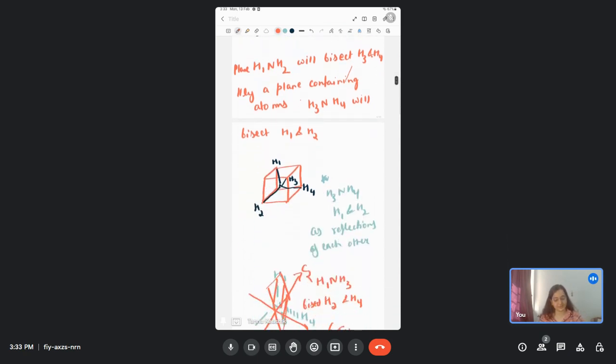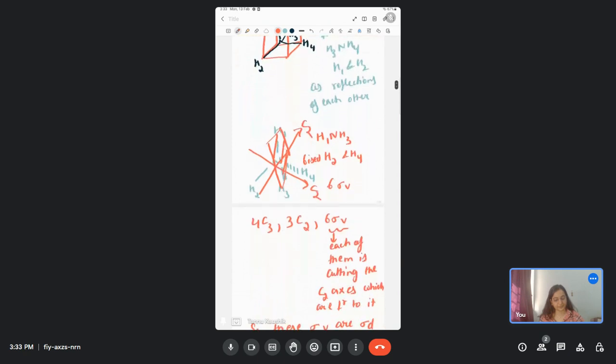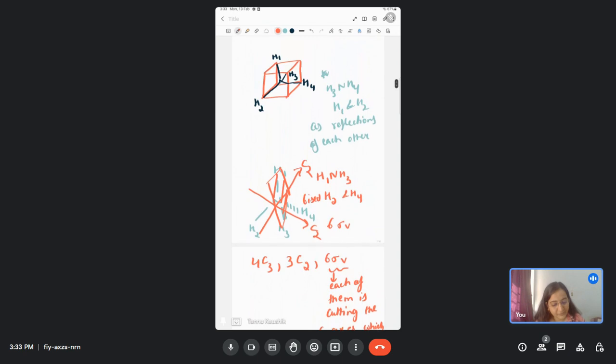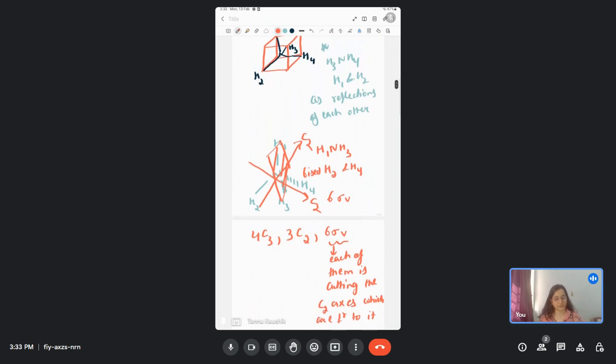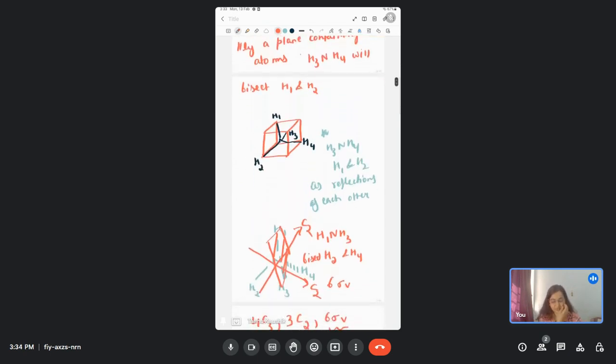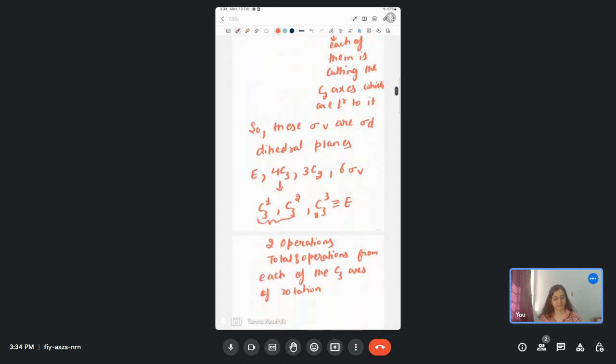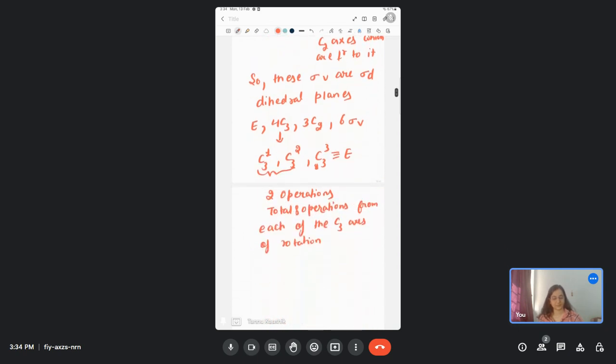Similarly, a plane passing through H3 and H4, which are out of the plane, will bisect H1 and H2. So here we will have three sigma V planes. And we will have three dihedral planes also, which will be cutting 2 C2 axes of symmetry.